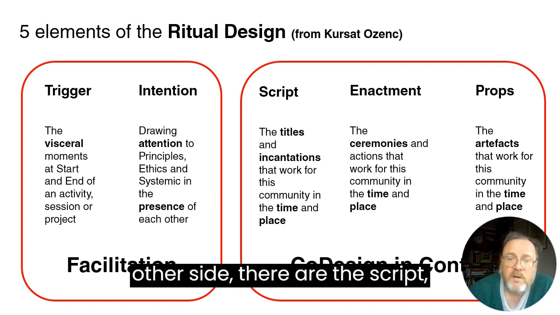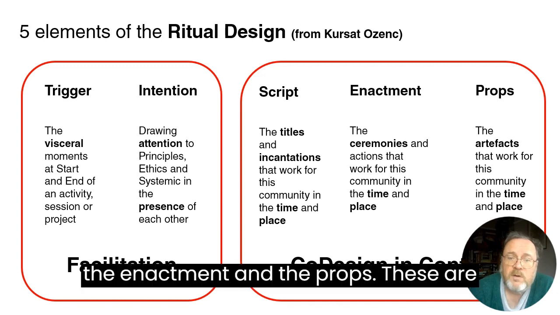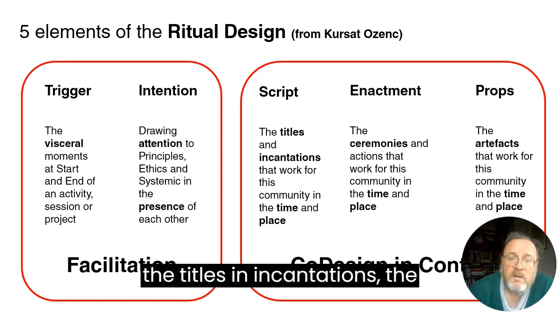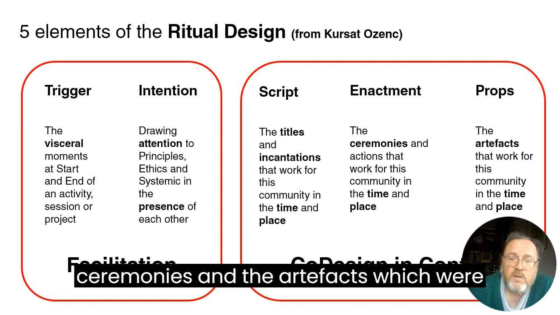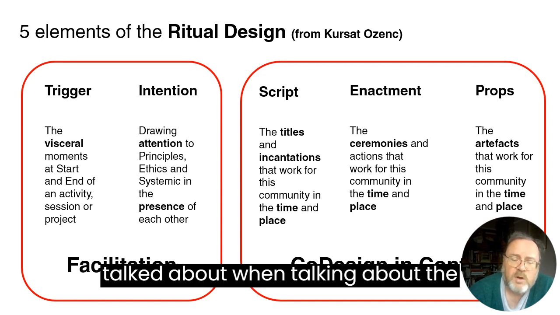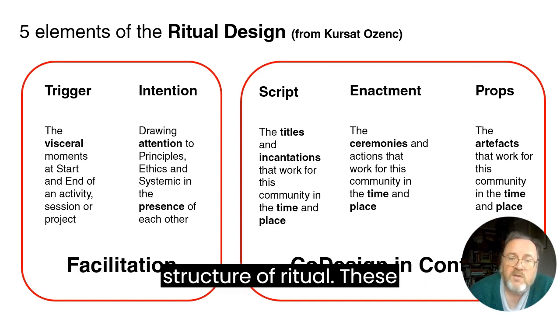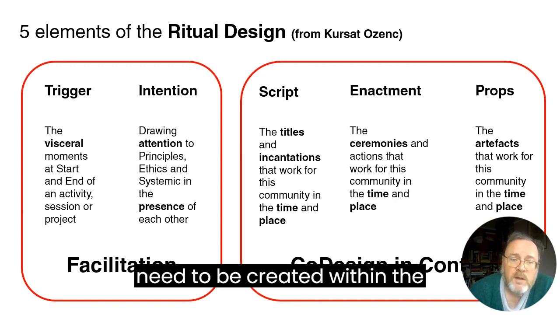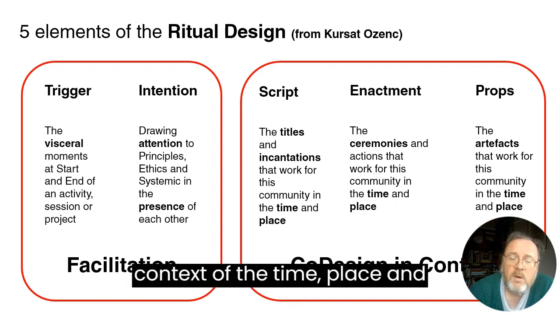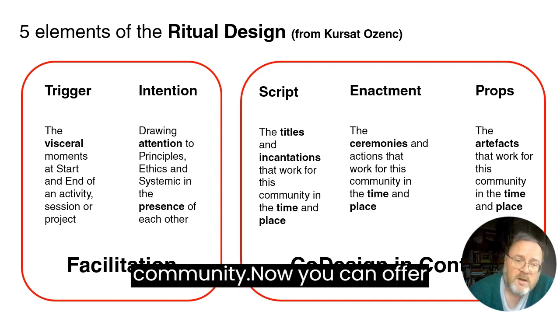On the other side, there are the script, the enactment, and the props. These are the titles and incantations, the ceremonies and the artifacts which were talked about when talking about the structure of ritual. These need to be created within the context of the time, place, and community.